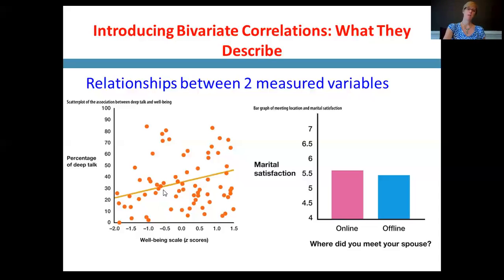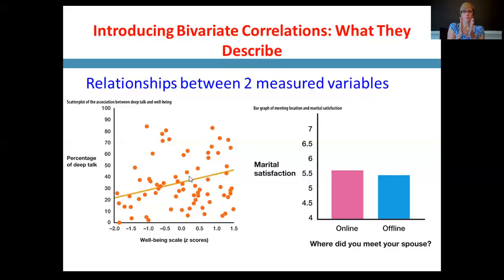As you see, as people increase on the well-being scale, the percentage of time they report being in deep conversation also tends to increase. This is like a trend, right? The dots seem to go up a little bit to the right. And that's what this line is showing us. And the correlation coefficient, which will be R, is going to be a number that varies from -1 to 1.